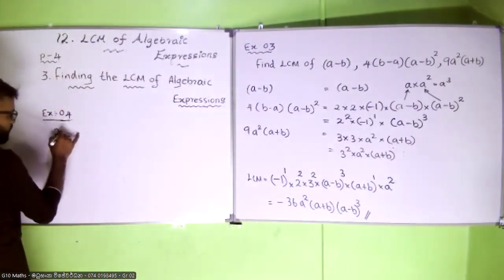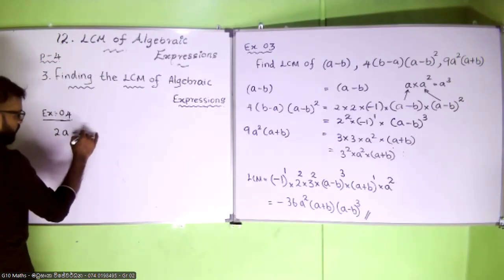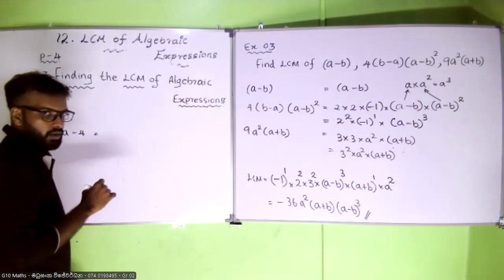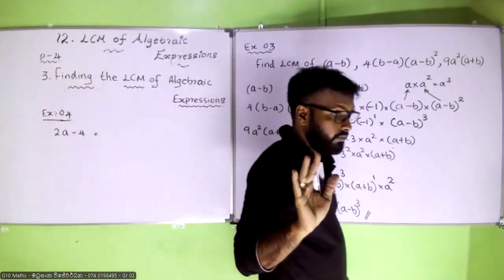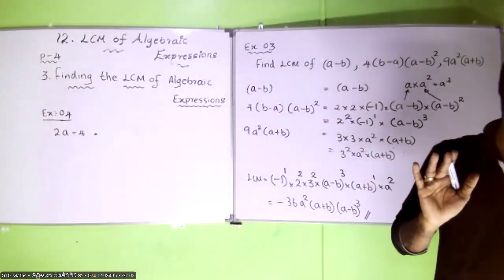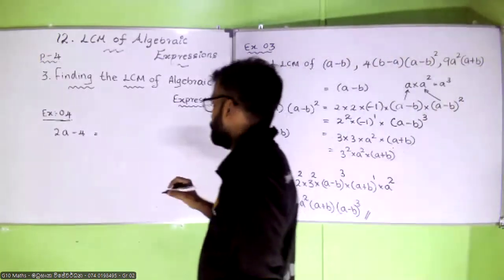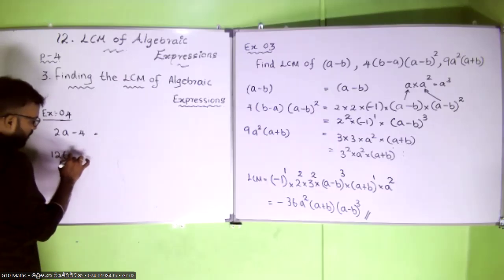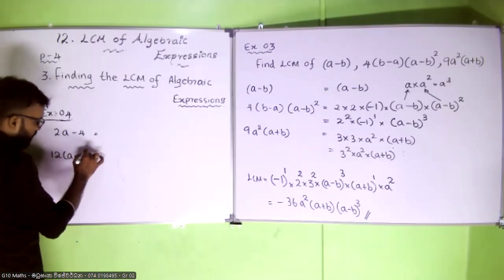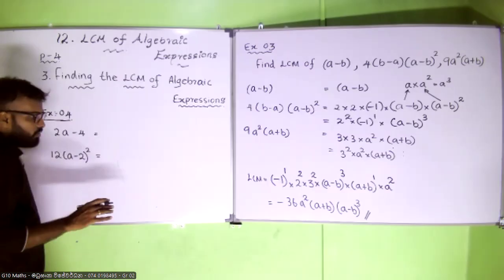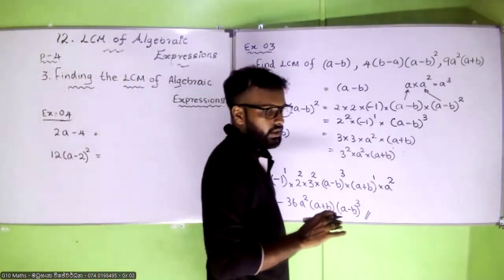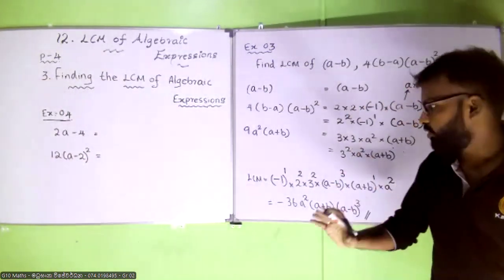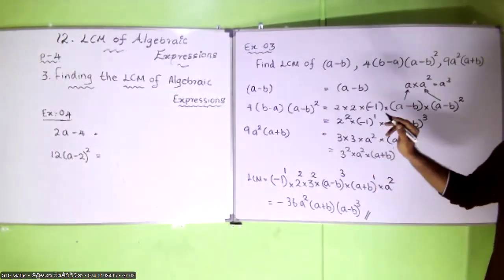Do this today. 2a minus 4. You have to find the LCM. Find the LCM. 12 times a minus 2 to the power 2. You just have to follow this method, but I think it's not hard like this.